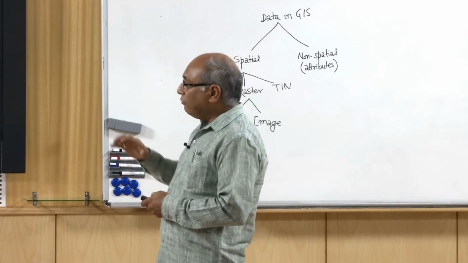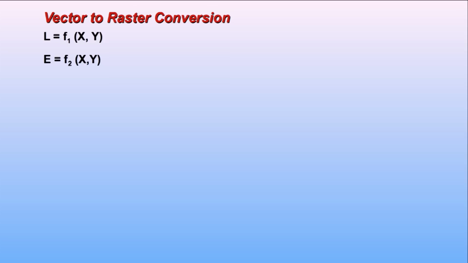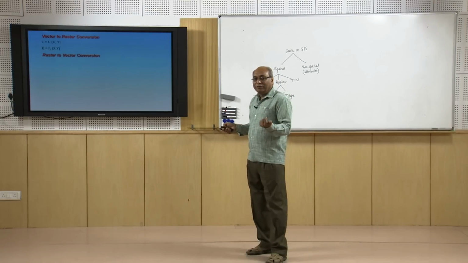Anyway, if I want to convert from vector to raster, I need to determine the row number and column number, and that is what L and E are here. L is the line number, E is the element, that means the column number, and these are the two functions F1 and F2, which are polynomial functions. So again mathematical concepts are coming.